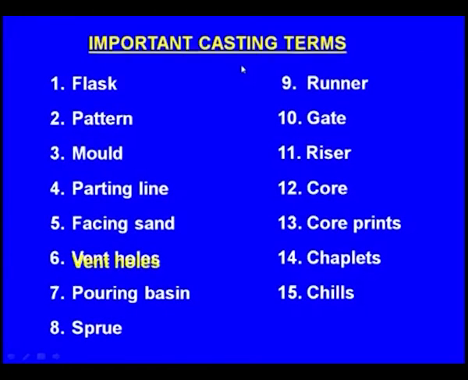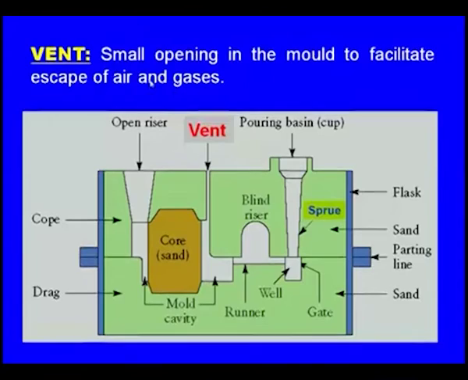Next, let us see the vent holes. Now again we see this is the cross section of the mould. The molten metal will be coming like this through the sprue, and it passes through the runner and it flows around the core and finally it rises. Remember that the moulding sand contains moisture.